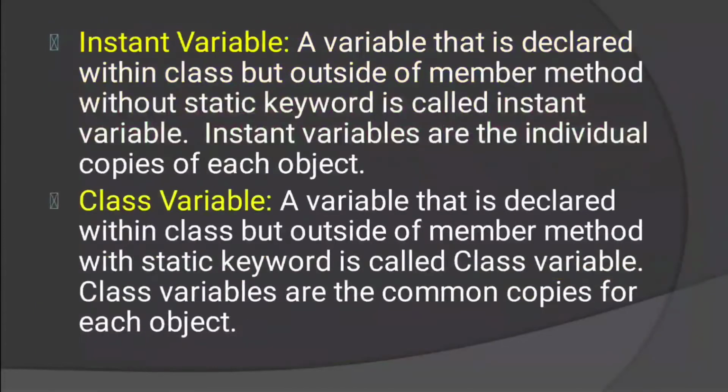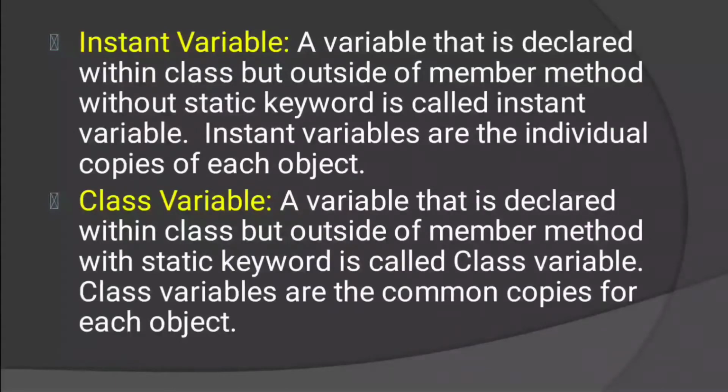Okay, then next we will proceed. Instance variable: a variable that is defined within a class but outside of a member method without the static keyword is called an instance variable. Instance variables are the individual copies of each object.